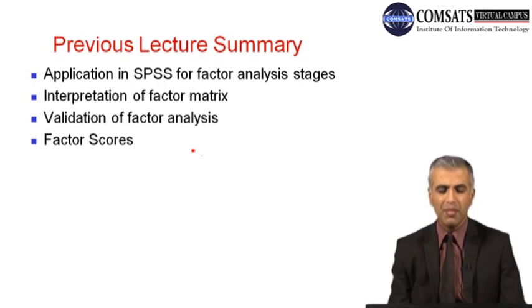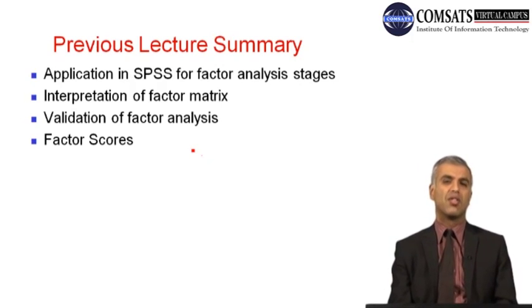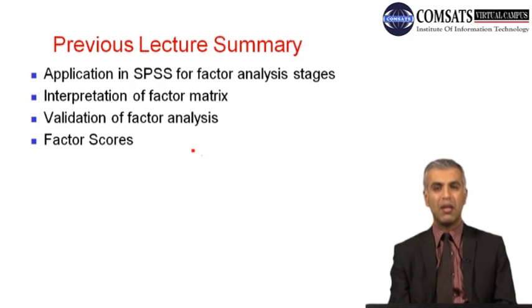Once we have gone through that, we discussed the rotation methods, which are used to refine the groups which have been defined by factor analysis. In this case, we discussed that rotation is basically of two types, orthogonal and oblique.